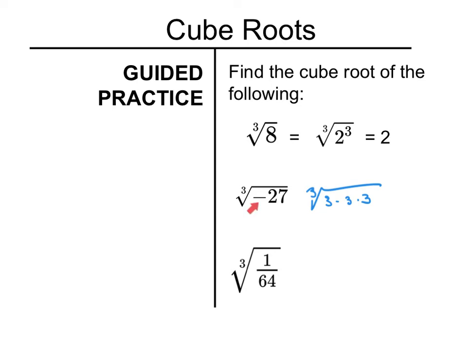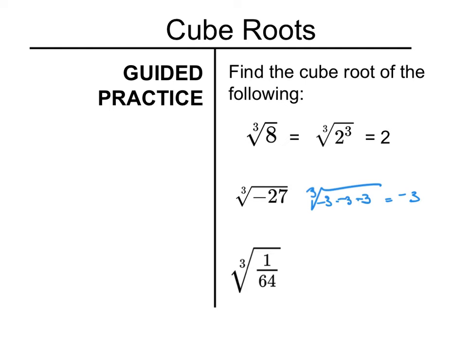But for me to get a negative, I need to have a negative 3 times a negative 3 times a negative 3. Because negative times negative would be positive, positive times negative would be negative. So the cube root of negative 27 is going to be negative 3.